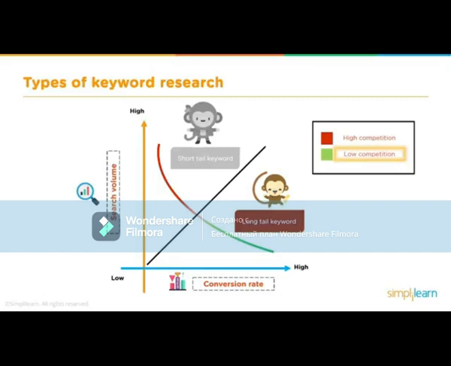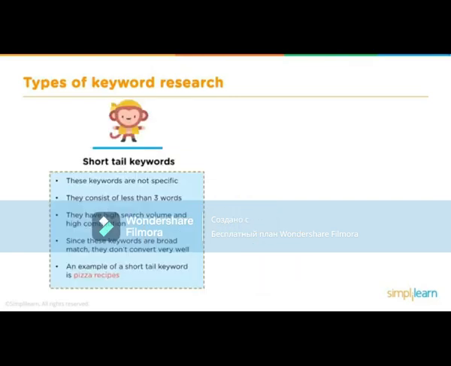If you want to look at it simplistically, short tail keywords are broad in nature. It's going to capture a lot of eyeballs, but those eyeballs may look at your content as not relevant, versus long tail keywords that may be very relevant, but not as many eyeballs on them. So short tail keywords, the characteristics: they're not as specific. Usually they're less than 3 words. They have high search volume and high competition.